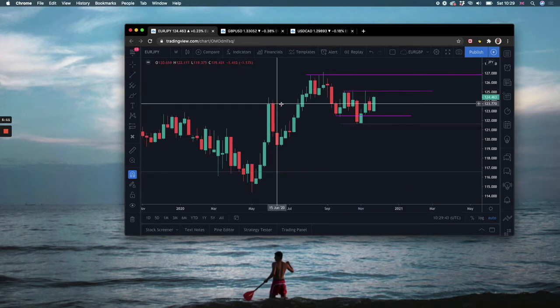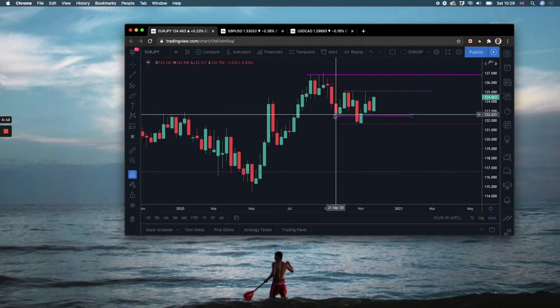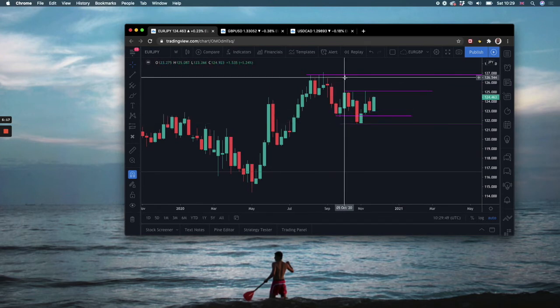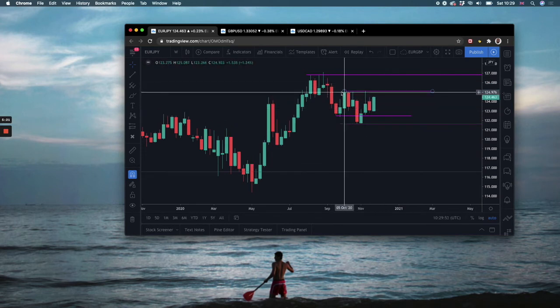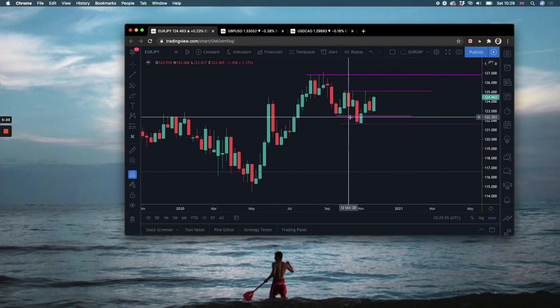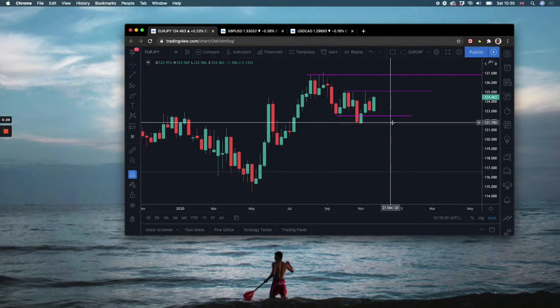You know that they're buying and selling climaxes because the market is struggling to break above that particular area, and it's also struggling to break below that particular area. What that gives us is potential places for price to move to.